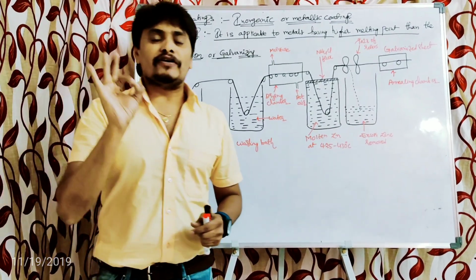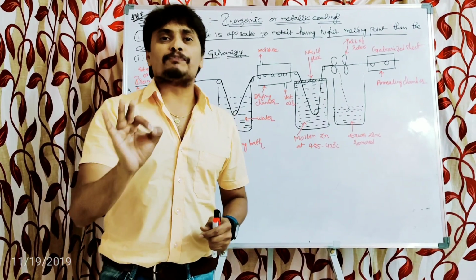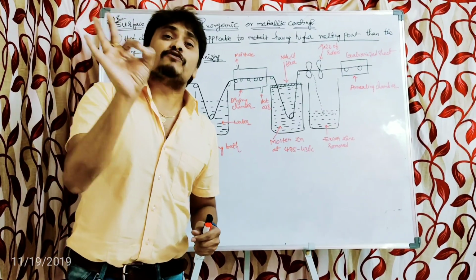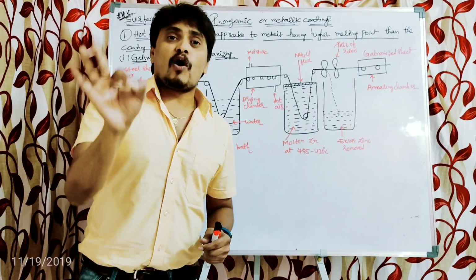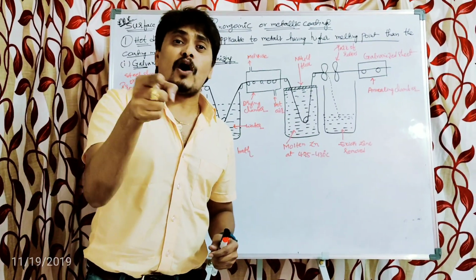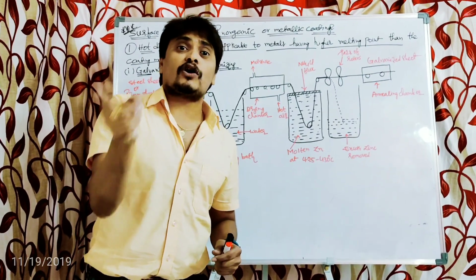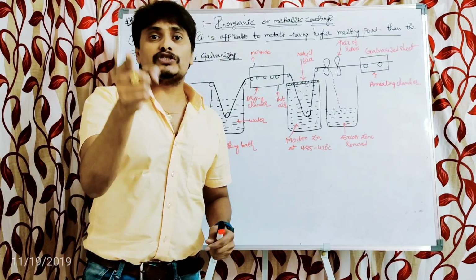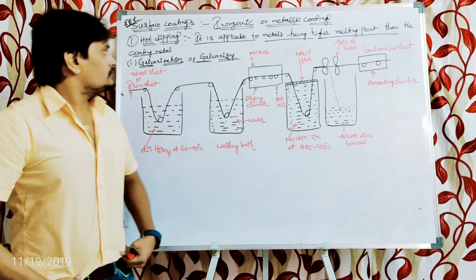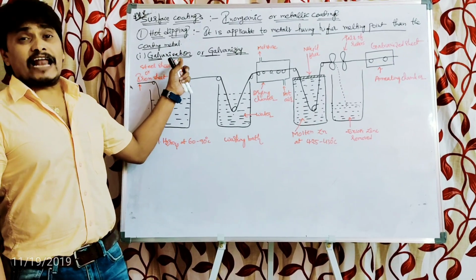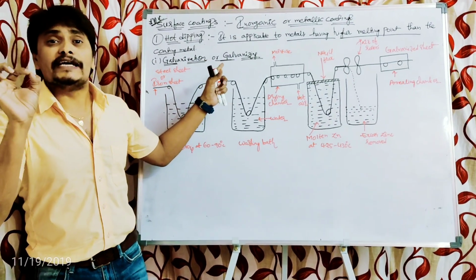In this video, I am going to explain how galvanization is done, which is one of the inorganic or metallic coatings that comes under the category of surface coating, which prevents, controls or avoids corrosion of the base metals. First, let us see what galvanization is, which is also called galvanizing.